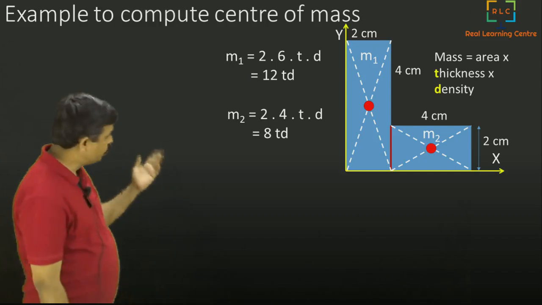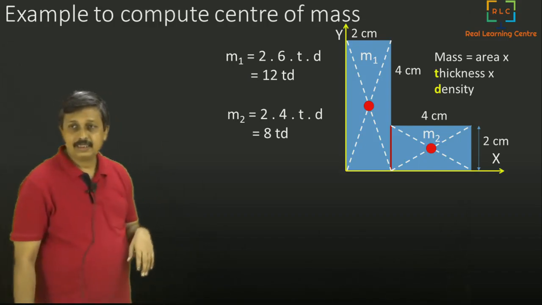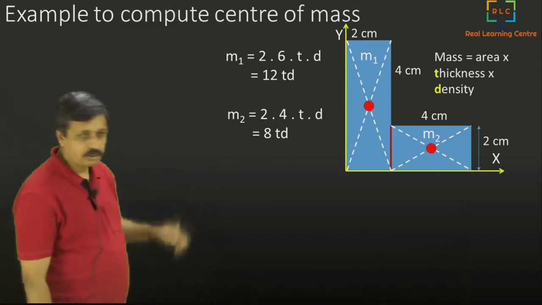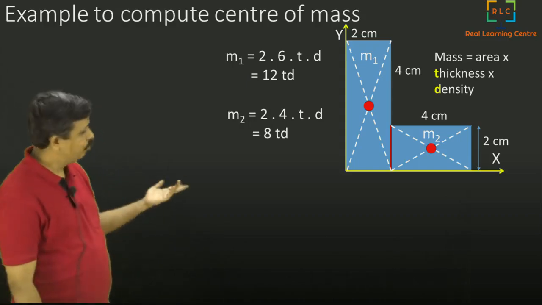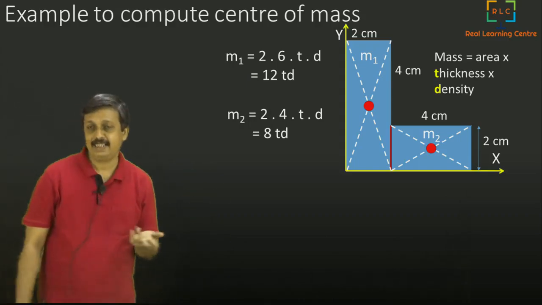Similarly, let us calculate mass 2: its height is 2 and breadth is 4, 2 times 4 times T.D, which is 8 TD. That is m2.